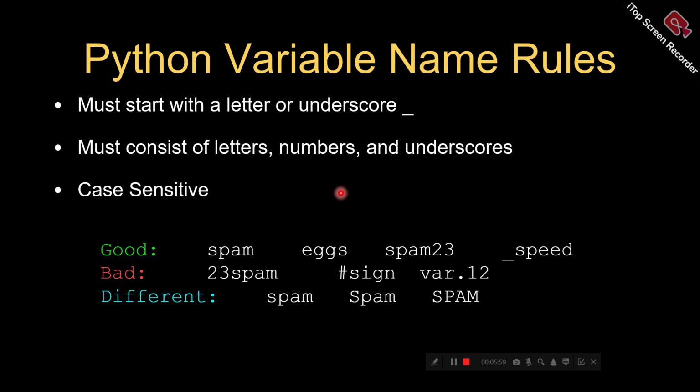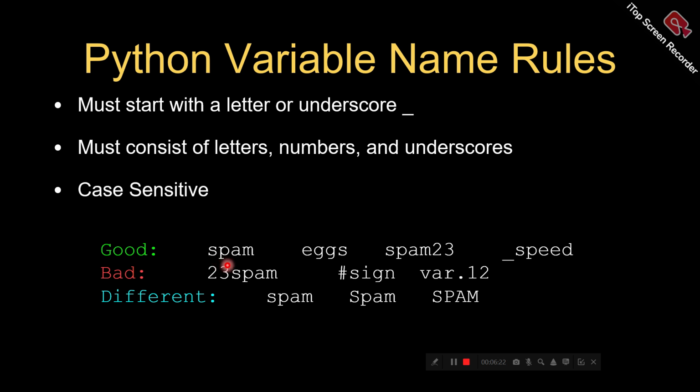There are a few rules for deciding or writing variable names. I will not say they are fixed rules, but they are good practice. Very first thing, we cannot use reserved words. That is for sure, a fixed rule. Other than that, the good practice is to name the variable as per your requirement.